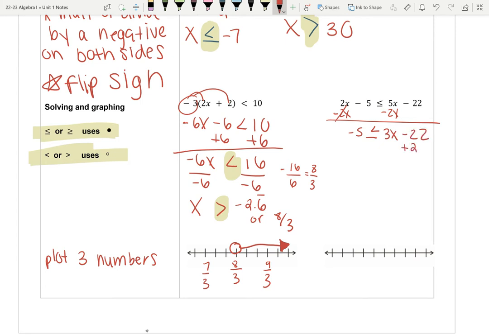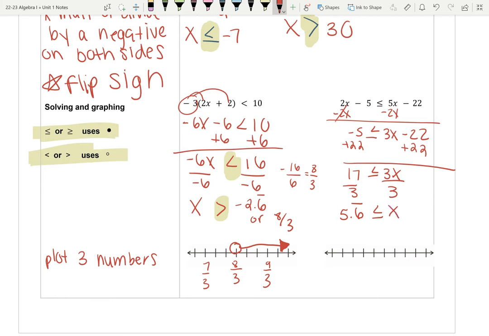Now I'm going to add 22 to both sides. So I'm left with 17 is less than or equal to 3x. I'm going to divide by 3. Now again, this isn't going to work out evenly, so we could do this one as a decimal. So I'll do 5.6 repeating for this one. It's less than or equal to x.